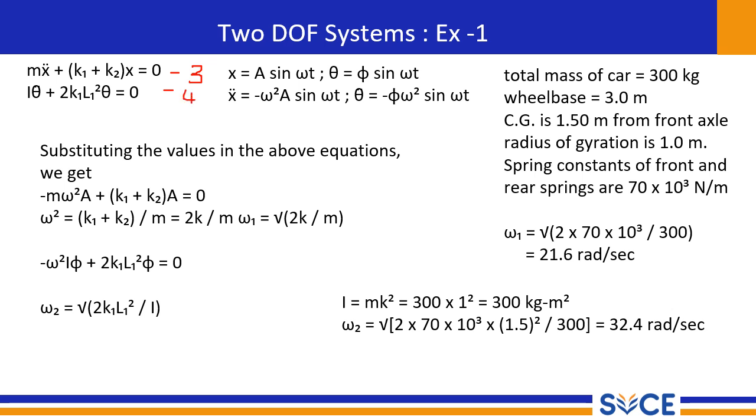When we substitute, x double dot is equal to minus omega square A, and similarly x is converted into A. So omega square equals (k1 plus k2) divided by m. A will get cancelled here. Since k1 is equal to k2, this is 2k by m. So omega 1 becomes the square root of 2k by m.